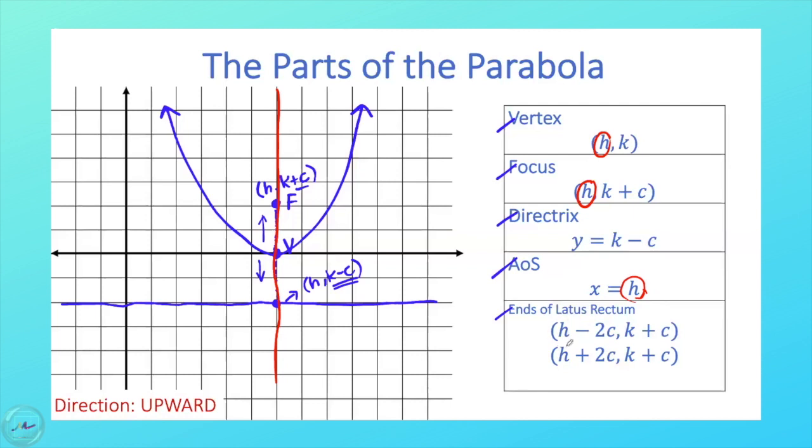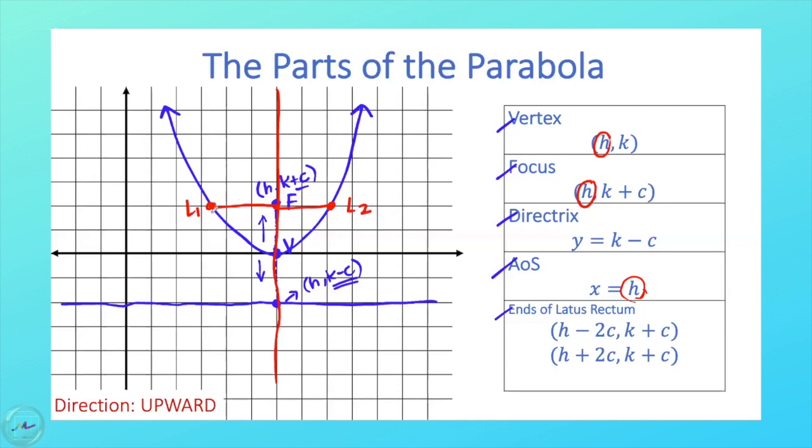For the ends of the latus rectum, ito po yung kanyang coordinates. So let's say we have the focus here at the middle. These will be the endpoints passing through the focus papunta dun sa kabila. This is, let's say, L sub 1 and this is L sub 2.